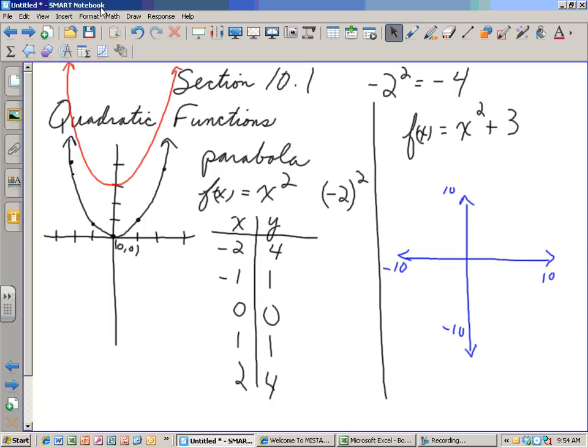Now, one of the examples they give you tells you to graph -1/4 x squared and then compare it with the graph of y equals x squared. This is example number 2 on page 629. So let's see what that looks like.